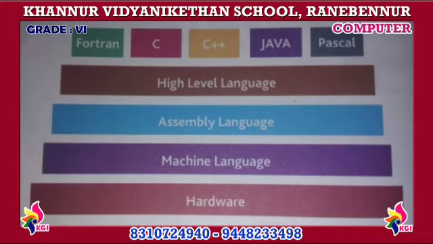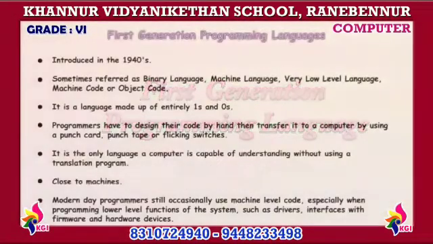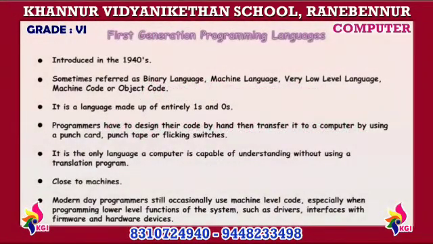Today we are going to learn first about the first generation language, which is machine language. First generation programming languages were introduced in the 1940s and are sometimes referred to as binary language. It is a very low level language, machine code or object code. It is a language made up entirely of 1s and 0s. Programmers have to design their code by hand, then transfer it to a computer using punch cards, punch tape or clicking switches.